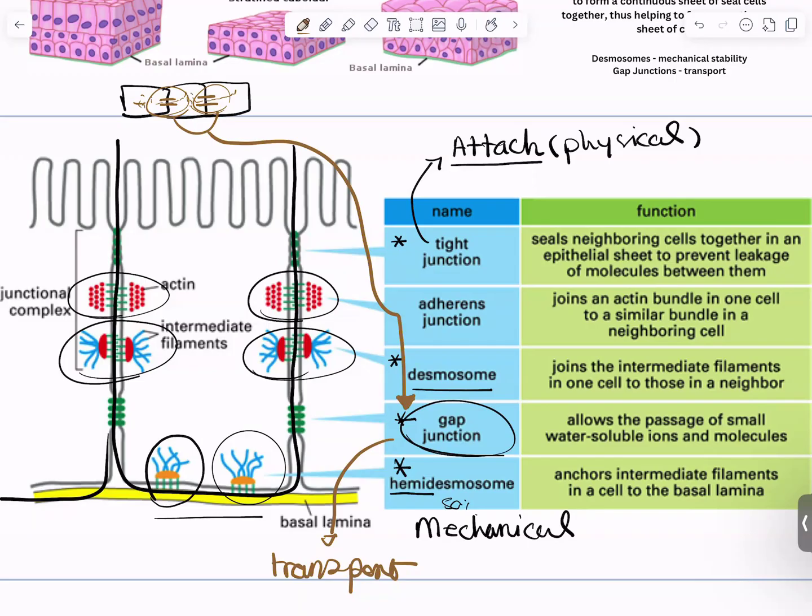Do you know where we can find gap junctions in a very huge number? In the heart. Later, I will show you how it works. But remember, a very specific part of the human body where we find gap junctions is the heart, because electric impulses are transported in different parts of the heart.